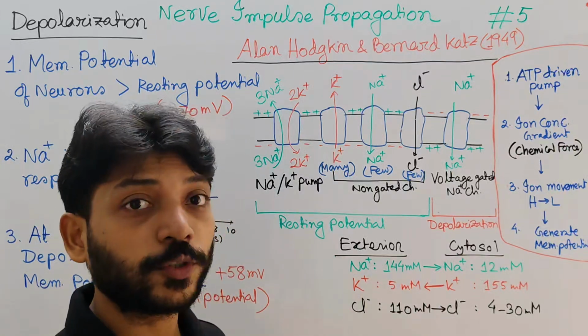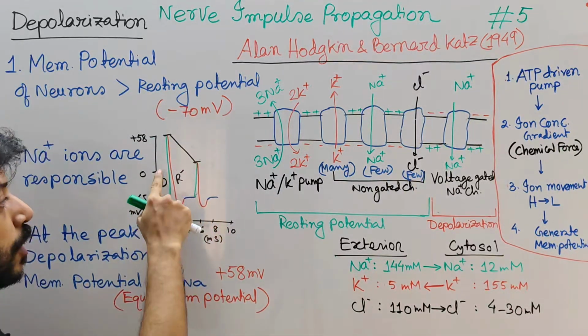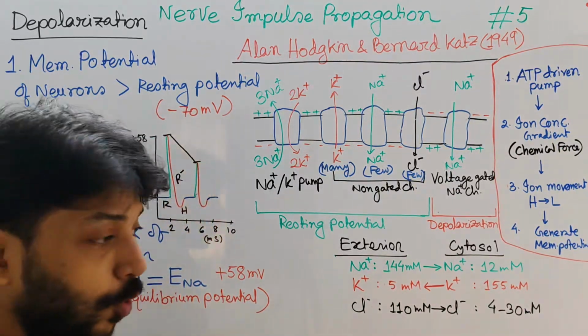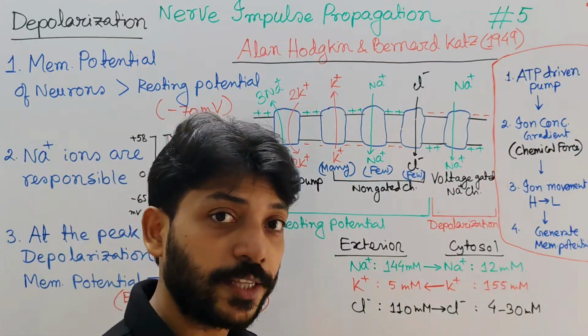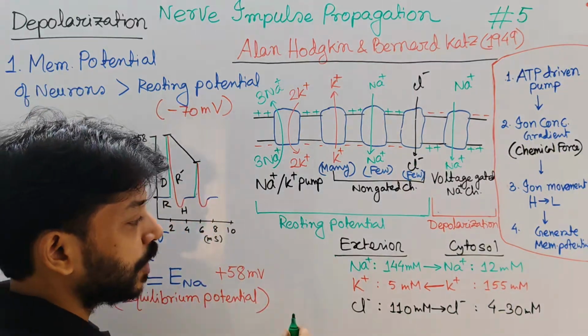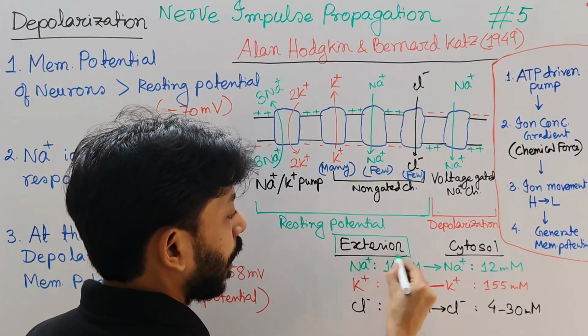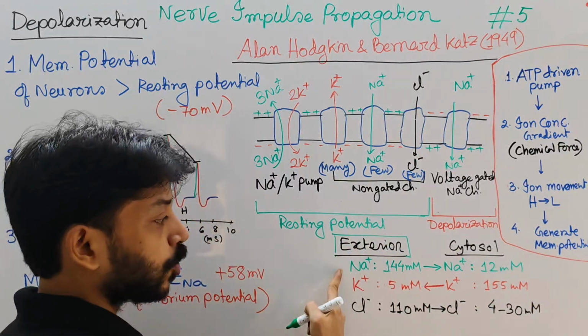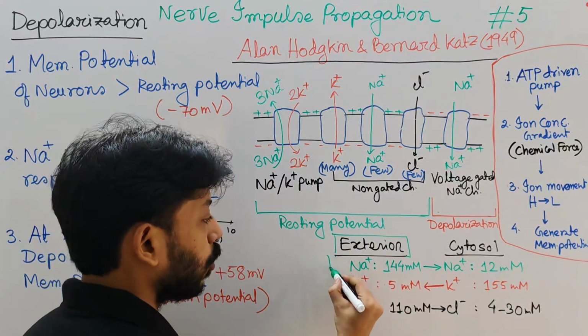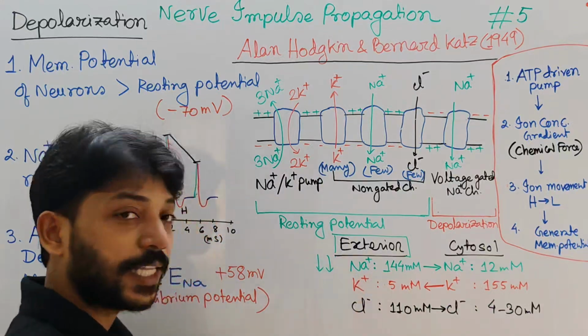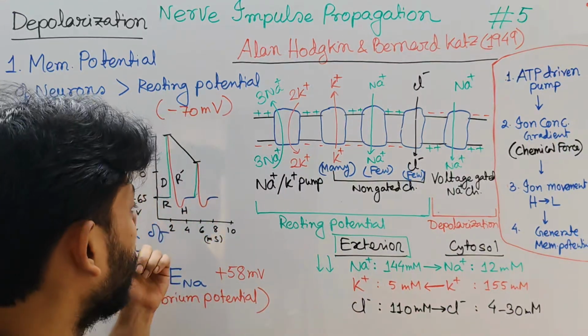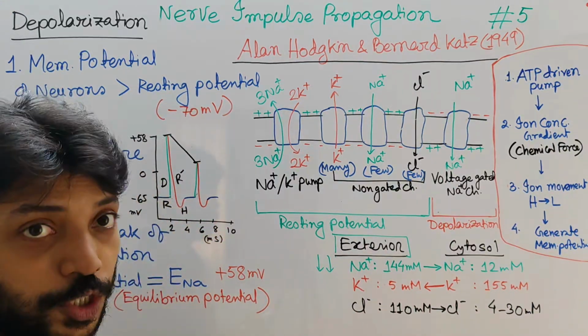Which ion is responsible for resting potential or depolarization, they didn't know. So they simply changed the exterior ion concentration. Because sodium is higher outside, they lowered the concentration of sodium and observed what happens to the resting potential or depolarization.